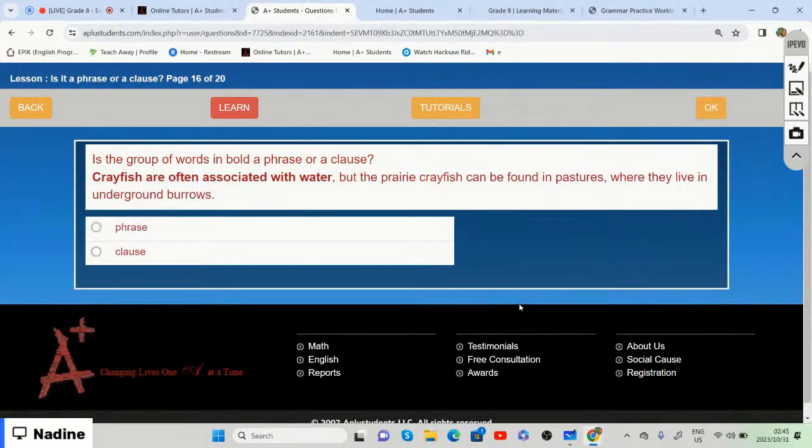And then, crayfish are often associated with water. But the prairie crayfish can be found in pastures where they live in underground burrows. So crayfish are often associated with water.